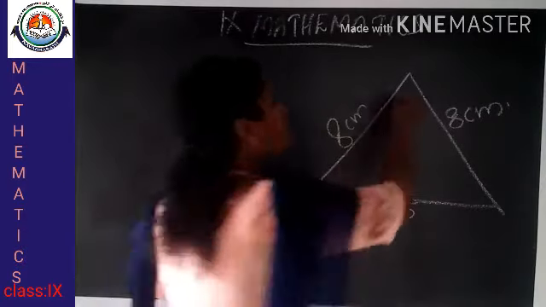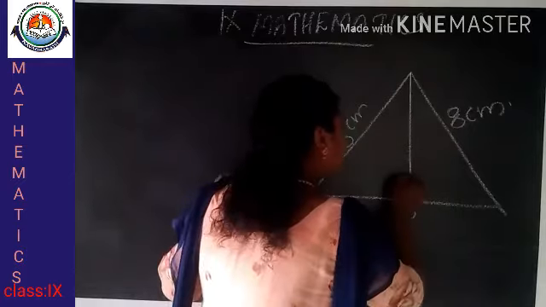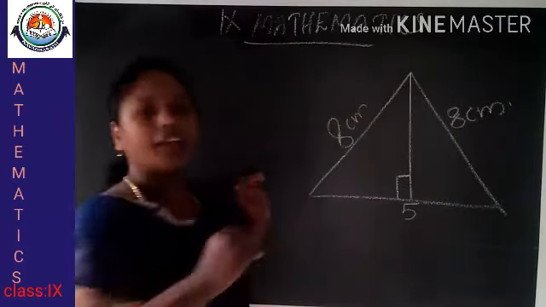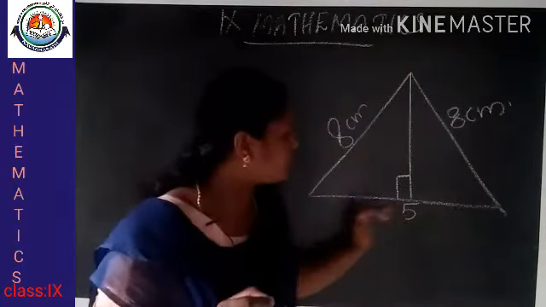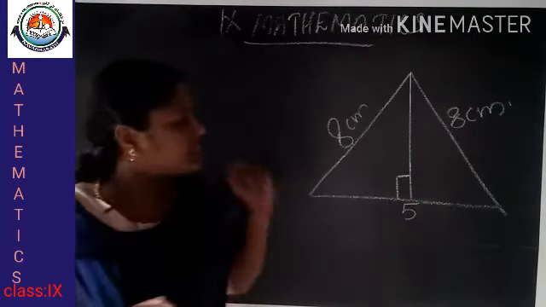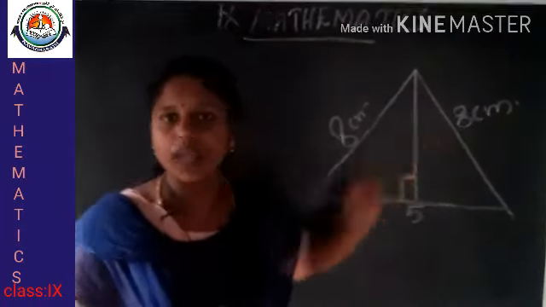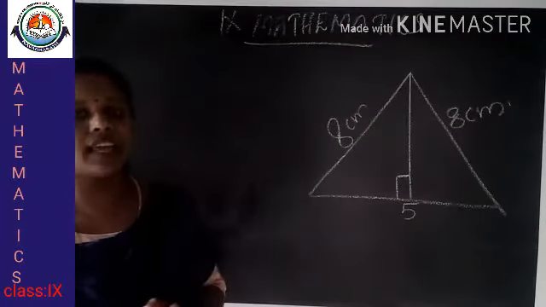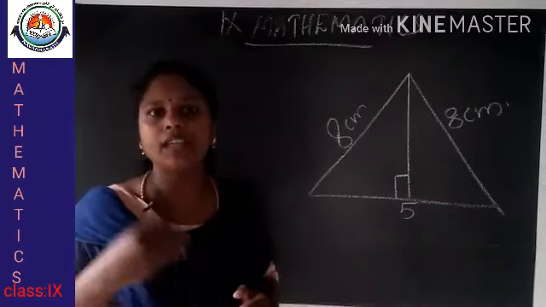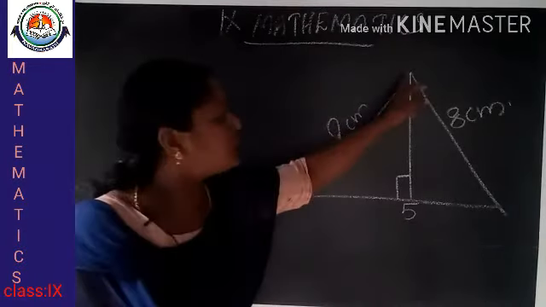So we can draw the perpendicular line. This angle will be 90 degree. And what about the length of these two sides? It is an isosceles triangle, so these two sides will be equal, and for an isosceles triangle the median and altitude are both the same.